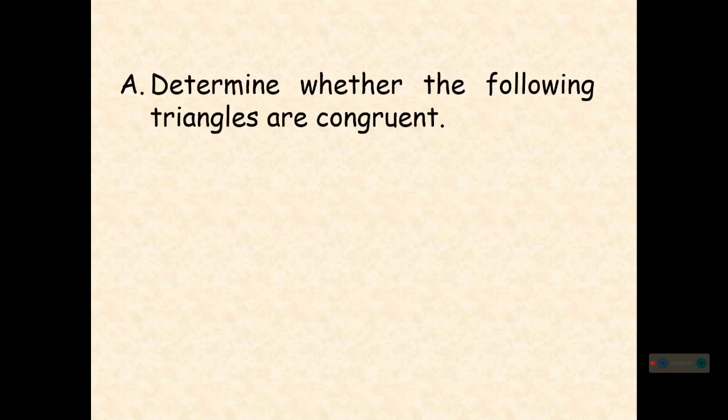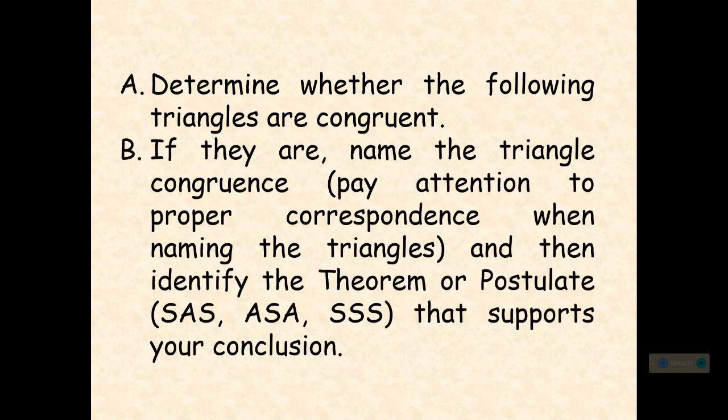To proceed, let us have this slide. Determine whether the following triangles are congruent. If they are, name the triangle congruence. You are going to pay attention to proper correspondence when naming the triangles.